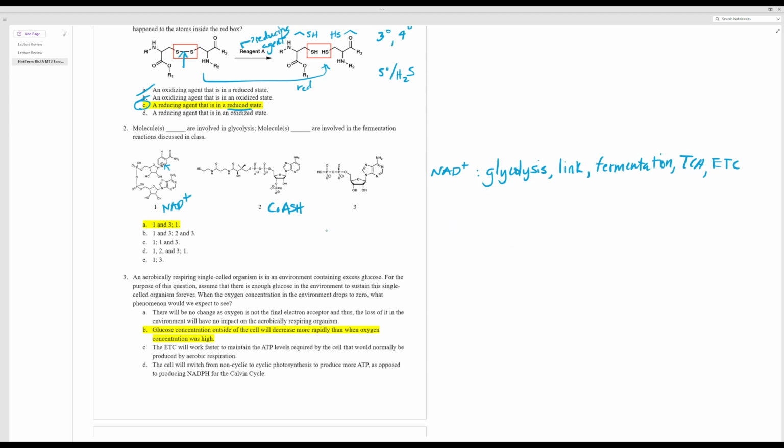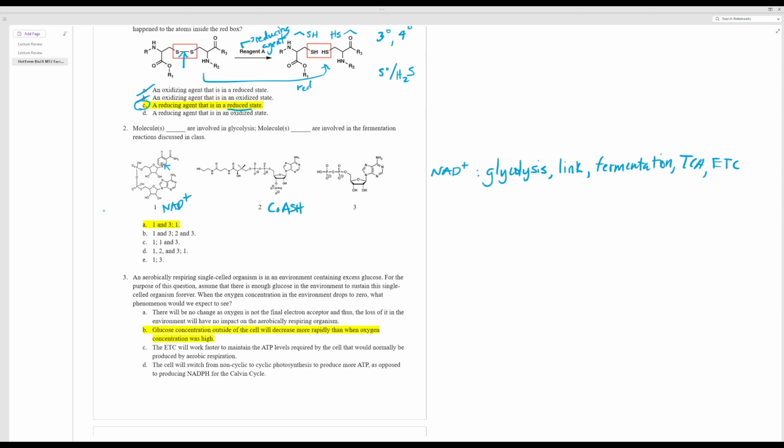Okay, so we can see it's derived from a nucleotide, and we can see this SH group on the end. Notice here with NAD+, it's a dinucleotide.